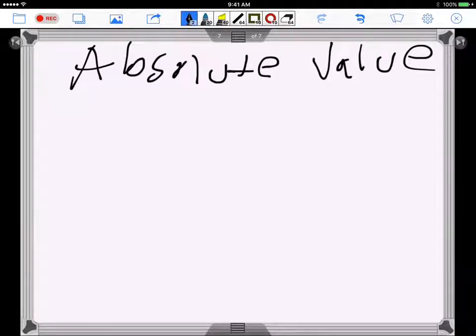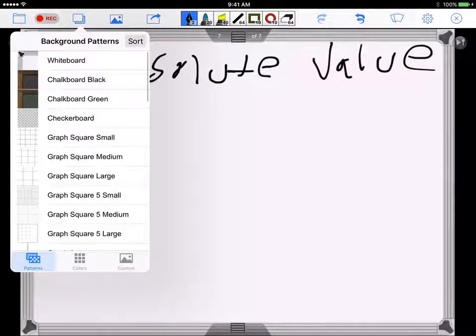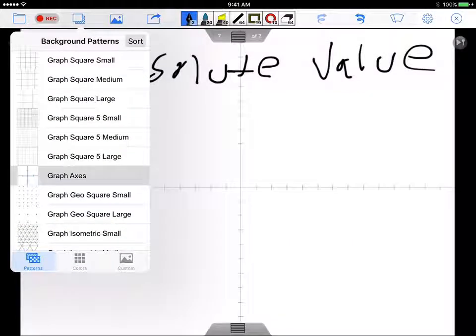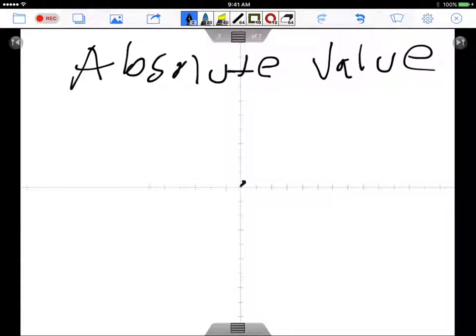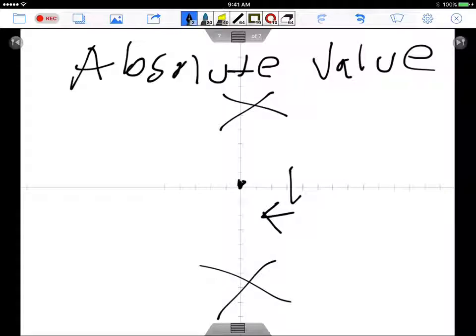So, absolute value, what is it? Well, let's have an axis. So here's 0. Let's just cross out the y-axis. Here's 0. Let's say we have 3. How far is it from 0? 3 spaces. 1, 2, 3.